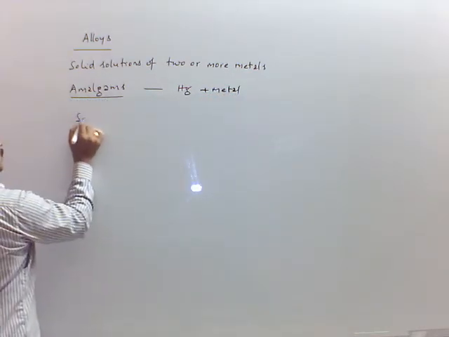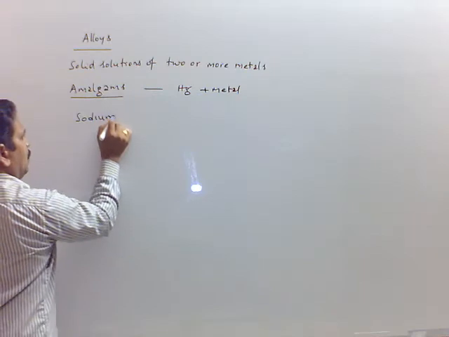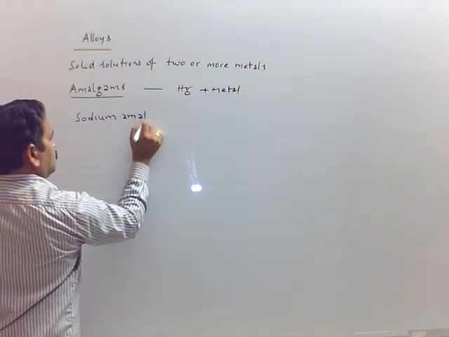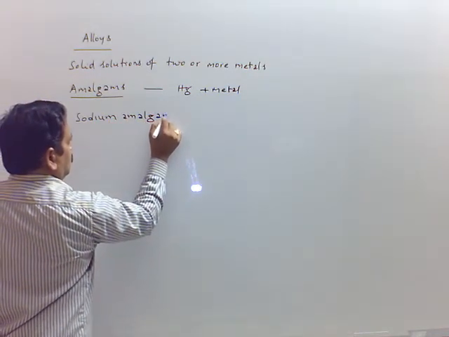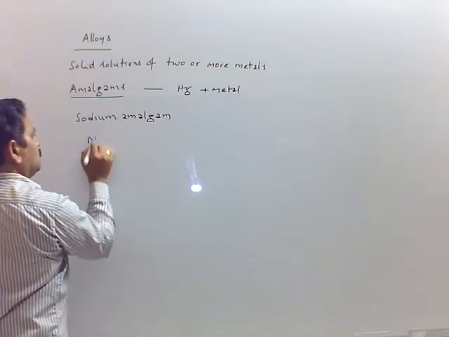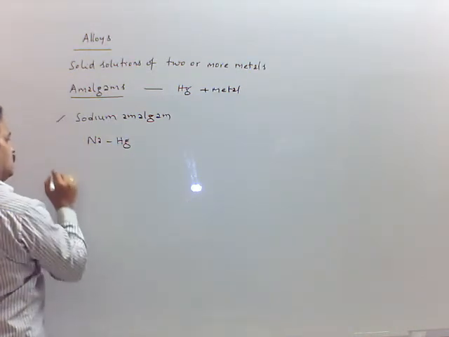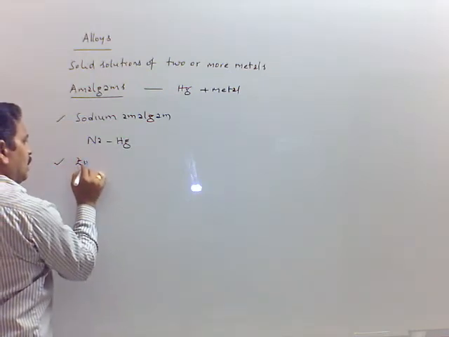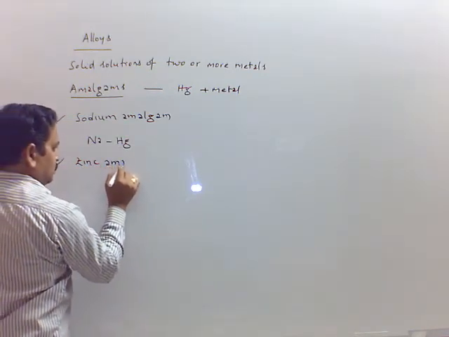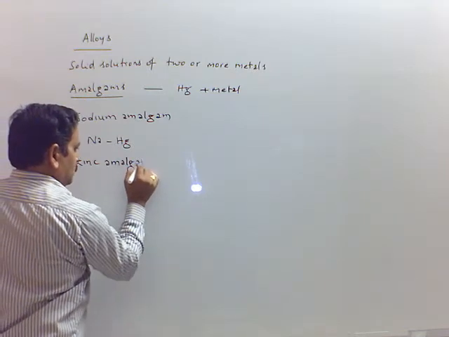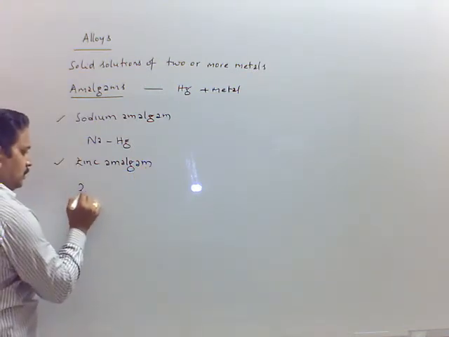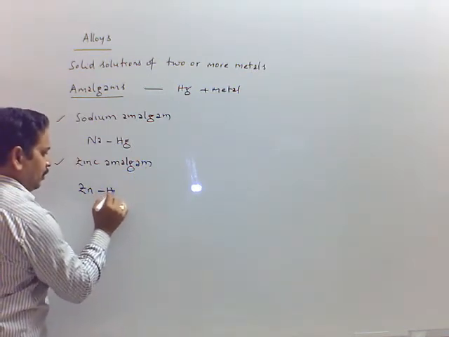Suppose I am taking sodium amalgam. Sodium amalgam means sodium and mercury. This is zinc amalgam: zinc and mercury.